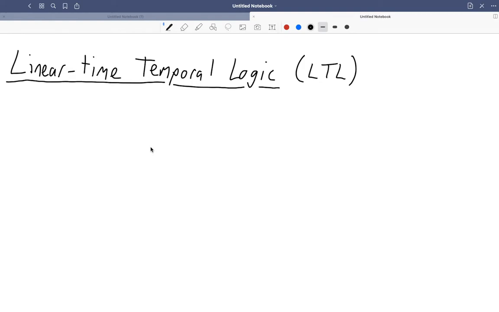So it's particularly good for expressing properties of systems where we are looking at systems in which there are several different components acting simultaneously, so what are called concurrent systems.